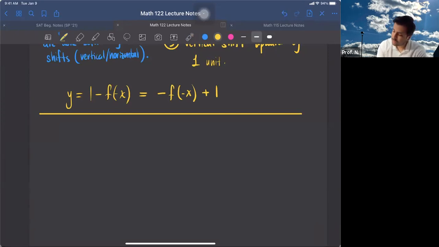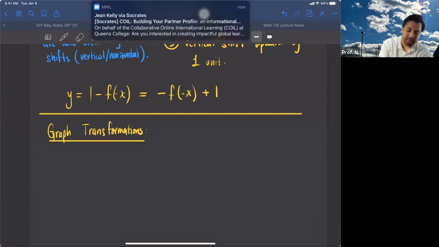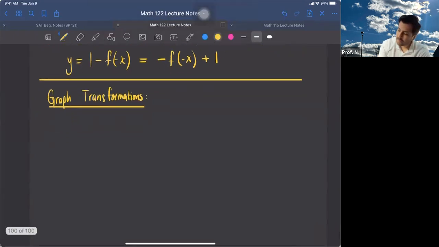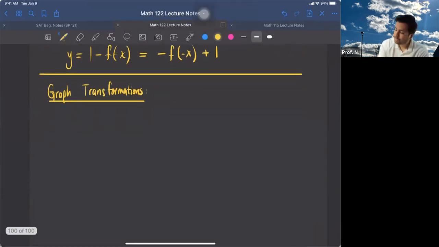So let's see. I want to graph transformations. Let's just sketch. Okay, this is a sketch.